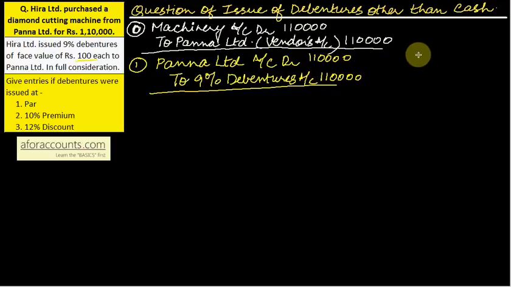It is 1,10,000 divided by nominal value. That is, nominal value is 100 rupees per debenture. So, how many debentures are you issuing in total? 1,100 debentures. 1,100 debentures into 100 that you have issued.